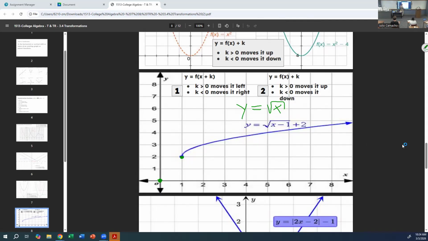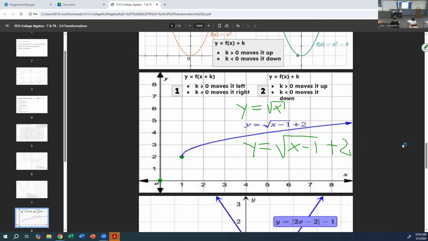So you have inside of the function y is equal to the square root of x minus 1 plus 2. The 1 inside or under the radical is your h.